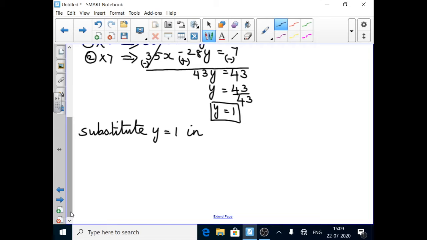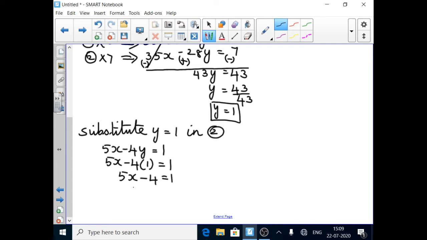We take the second equation: 5x minus 4y is equal to 1. Instead of y, substitute 1: 5x minus 4 into 1 is equal to 1, so 5x minus 4 equal to 1. 5x equal to 1 plus 4.